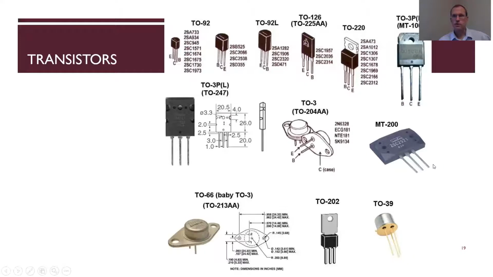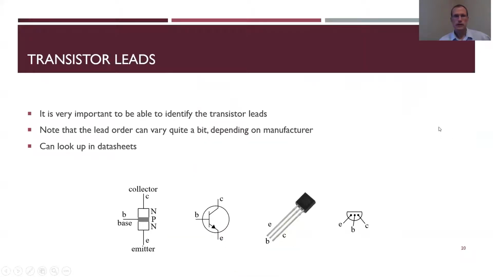A whole bunch of different types of transistors do various things. We generally use ones that look like this. So the ones you'll be using in the lab look like these guys up here, with a little flat side and kind of semicircular, 3 legs coming out: emitter, collector, and base. Speaking of that, it's very important to know which one's which: which one's the emitter, which one's the collector, and which one's the base.